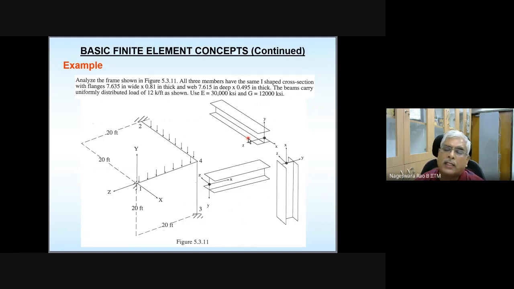How to calculate the direction cosines along each of the axes is one important thing that you have first seen in this problem. That one you need to familiarize yourself with, and you get the rotation matrix for each of the elements, get the transformation matrix, and multiply the local stiffness matrix with the transformation matrix.